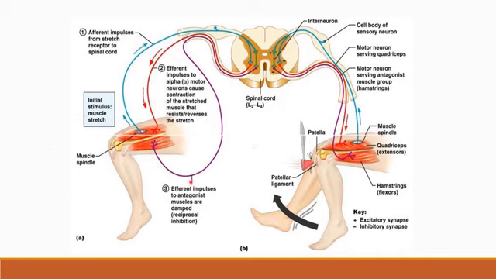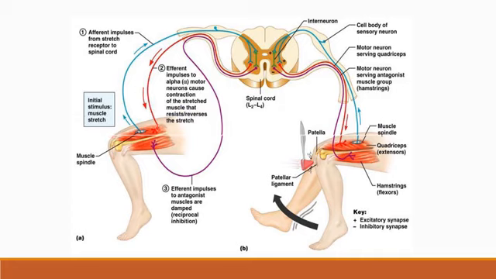So this is the pictorial representation of again a stretch reflex. In the muscle, we have a muscle spindle. From that, the stretch stimulus activates the afferent fibers. They go into the spinal cord integrating center, and from there the efferent impulses to alpha motor neuron cause contraction of the stretched muscle that resists or reverses the stretch.